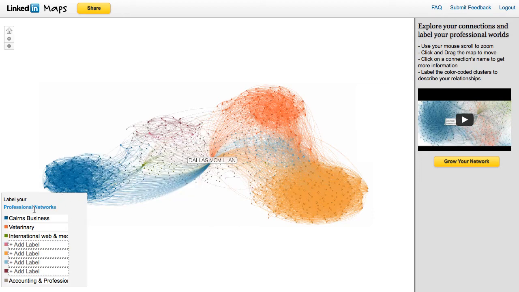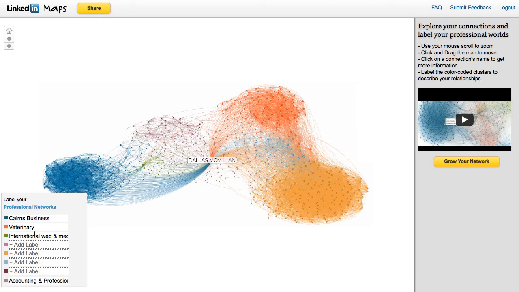I live in Cairns, and there's a lot of Cairns business people in here as well. I know a few people in the accounting and professional sector, and I think they're mostly in here, less prominent now than they were. And I'm also interested in digital media and online marketing and web design, so I've got quite a few connections in that zone as well.